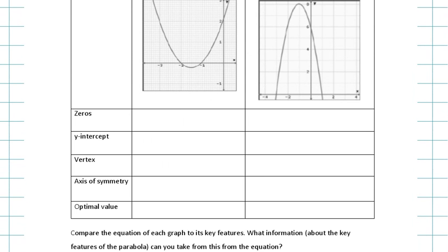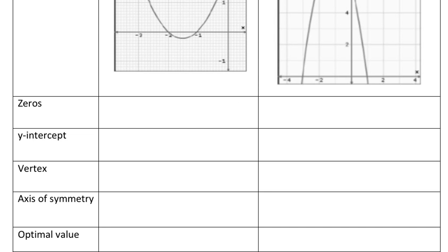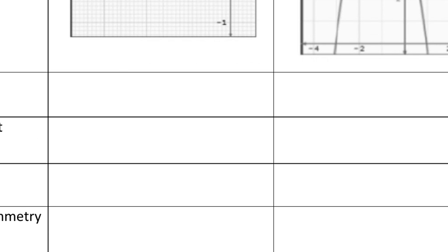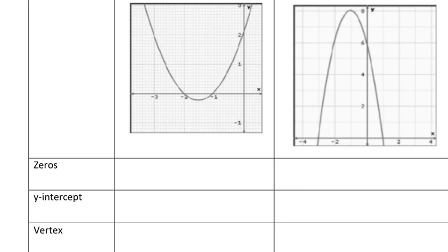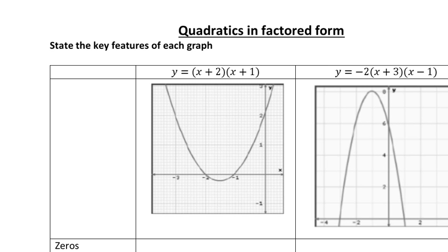What are the zeros here? Positive 2 and positive 1. Negative 2 and negative 1, right? It says positive in the brackets, that's right. Inside the brackets, it says positive, but on the graph, it's actually negative.